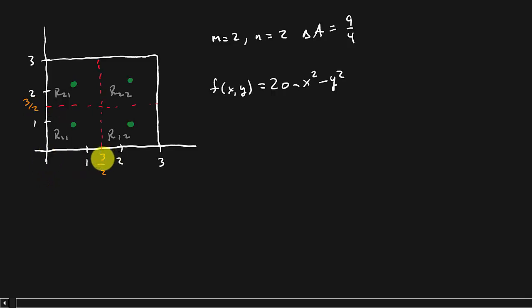What is that? That's 3/4. Halfway between 0 and 3/2, that's 3/4. You see that? So this is the point 3/4, 3/4. Now what's this value up here? This is going to be 9/4.